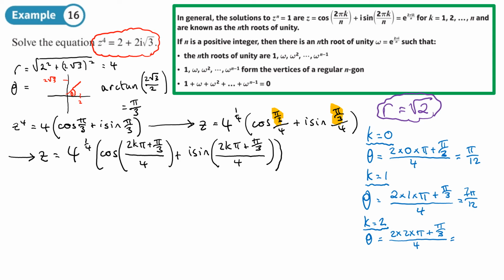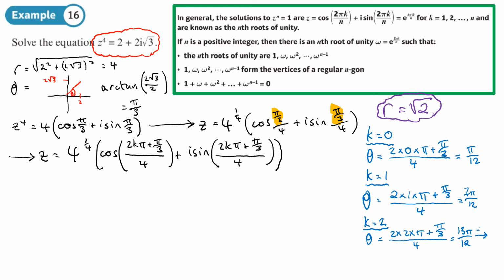Let me just do it on the calculator. 13 over 3 divided by 4 would be 13 pi over 12. Now this isn't in the range. It's too big, it's bigger than pi.